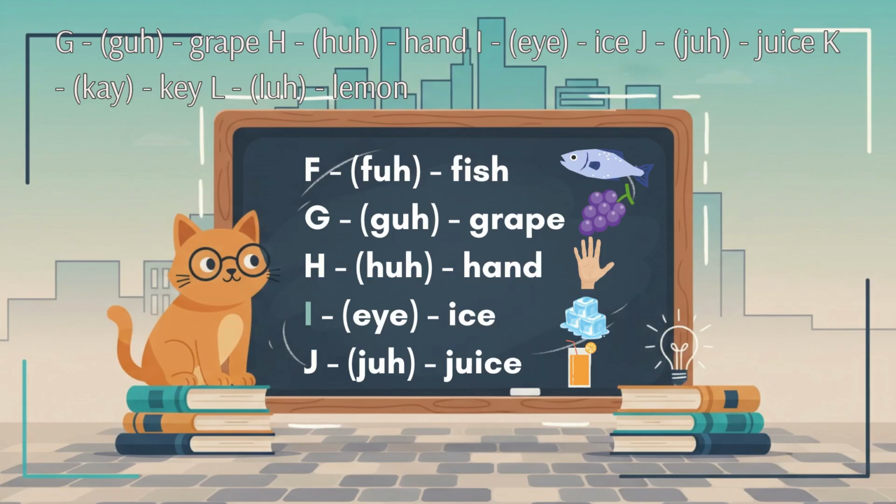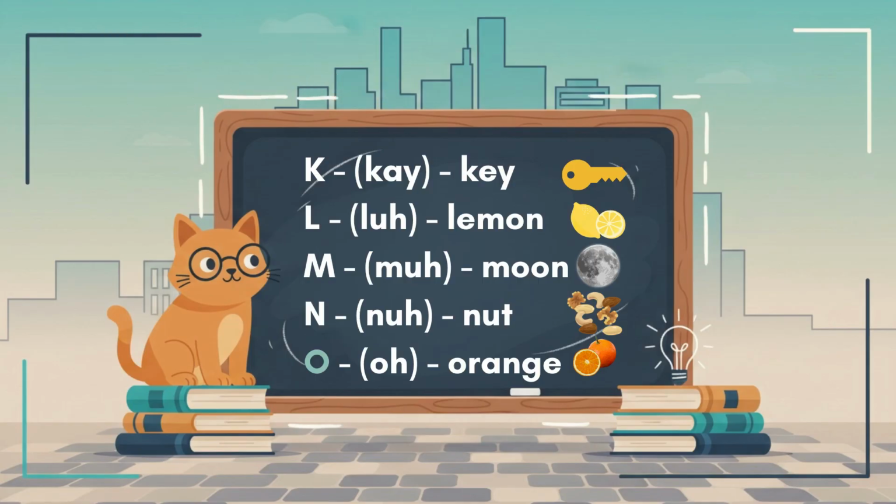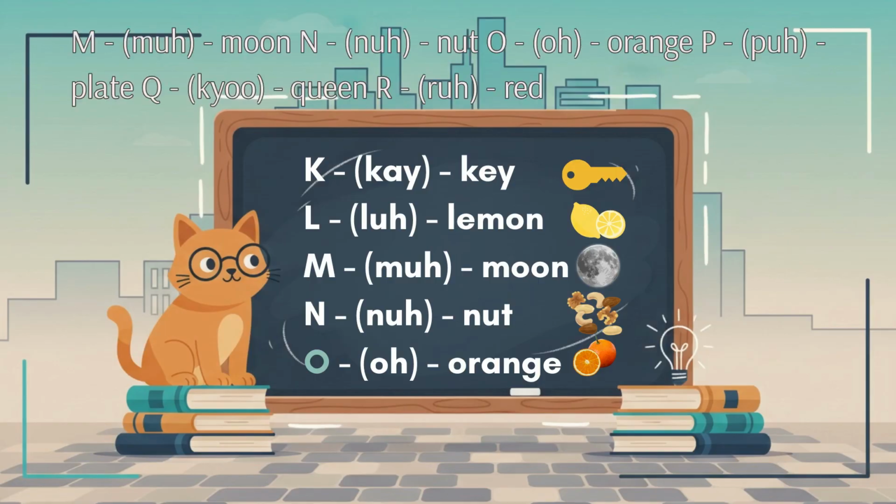H, hand. I, ice. J, juice. K, key. L, lemon. M, moon. N, nut.